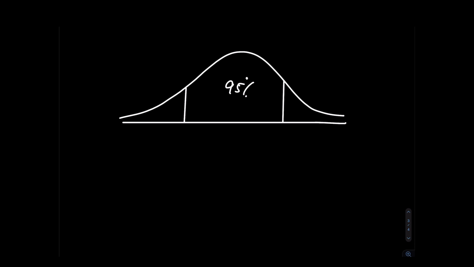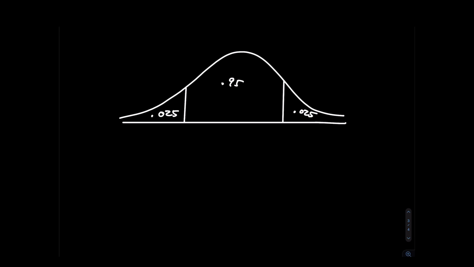Okay, so which means the tail areas will be 5% combined. So each one of them will be half of 5%, which is 2.5%, which is 0.025, 0.025. And I'm going to write my 95% with decimals, 0.95.